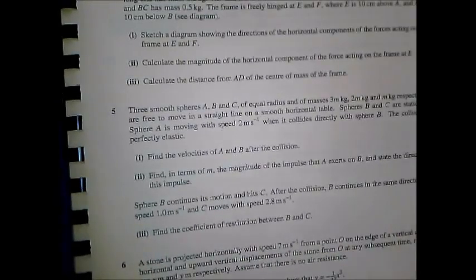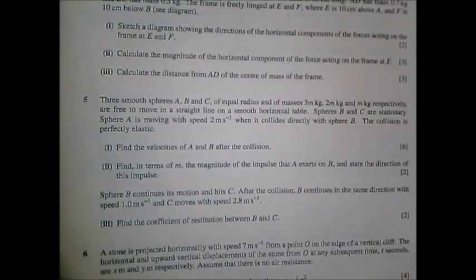So, we have three spheres, A, B and C, of equal radius and masses 3m, 2m and m respectively, free to move on a straight line on the smooth horizontal table. Sphere B and C are stationary, and sphere A is moving with a speed of 2 meters per second when it collides with sphere B. The collision is perfectly elastic, so our coefficient of restitution is 1.